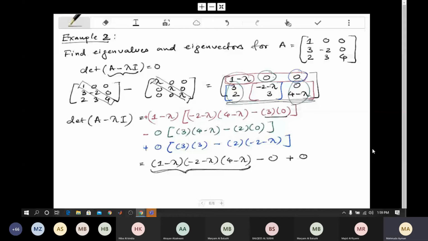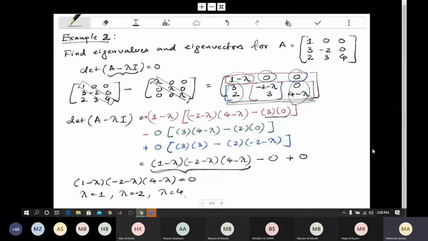We get lambda is equal to 1 for the first, and then lambda is equal to minus 2, and then lambda is equal to 4. So these are the roots of this equation, or the eigenvalues. And now we have to find out the eigenvectors related to each one of these separately.